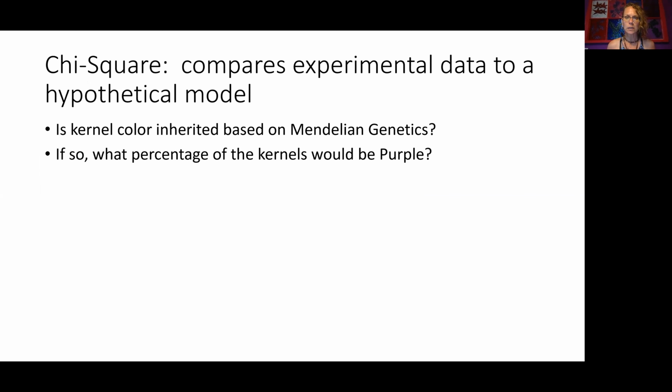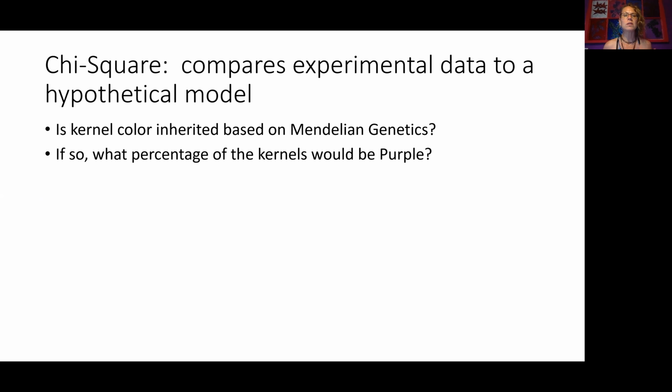So we're really asking the question, is corn kernel color inherited through Mendelian genetics, meaning complete dominance? And we're going to be able to compare the data that we just looked at with what we expect based on our Punnett Square.